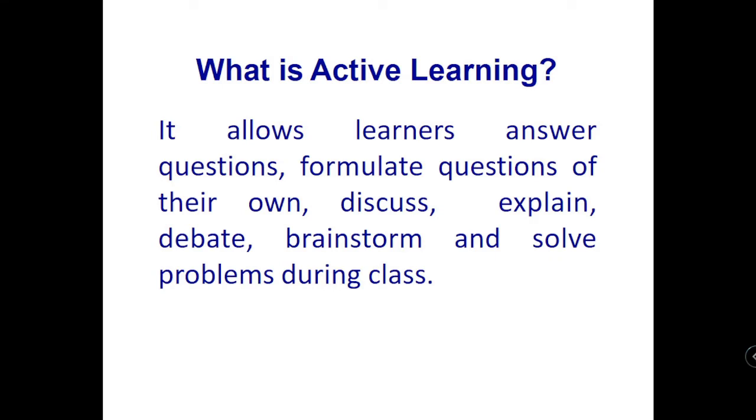So it allows the learners to answer questions, formulate questions of their own, learn how to ask questions, how to discuss, explain, debate, brainstorm, and solve problems during class. When the learners do this, that is active learning. Allow them to discuss, explain, ask questions, debate, and solve problems during the class.